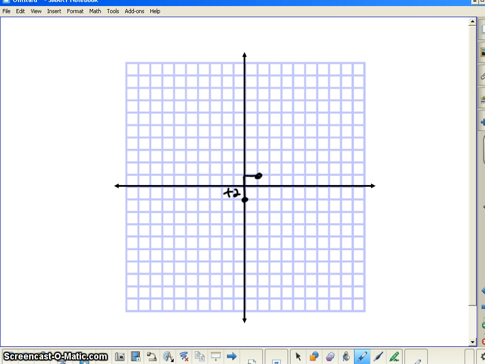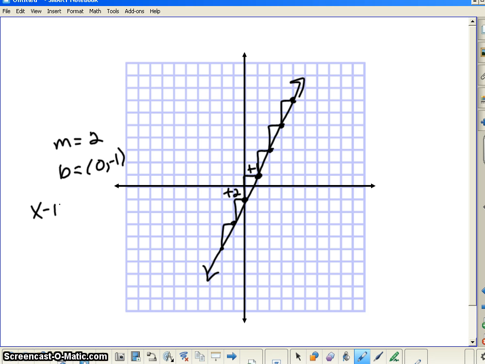So +2, +1. So my slope is 2, right? So if I continue the path, I'll have more points. Okay, y-intercept? 0, -1.